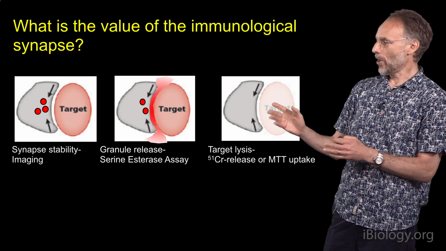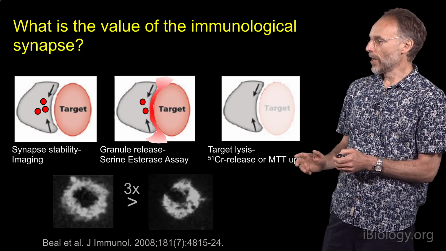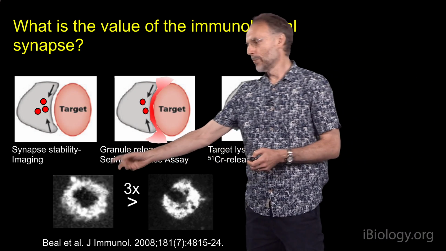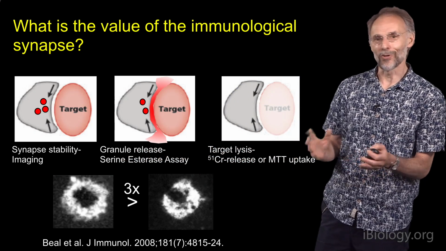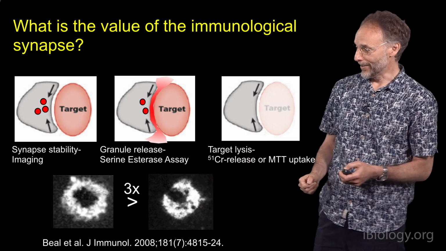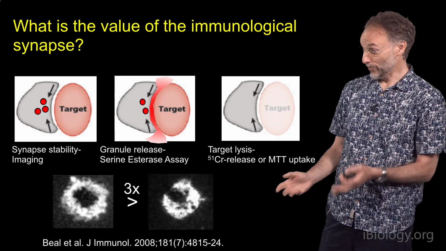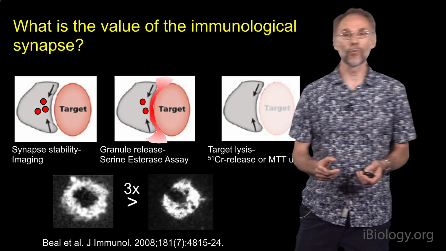So you could use target killing over granule release as a measure of efficiency, and then set up situations where the T cell either formed an immunological synapse or had a broken immunological synapse. So it could, pharmacologically, repair or break the synapse experimentally. And what we found is that forming an intact immunological synapse improved killing about 3-fold.